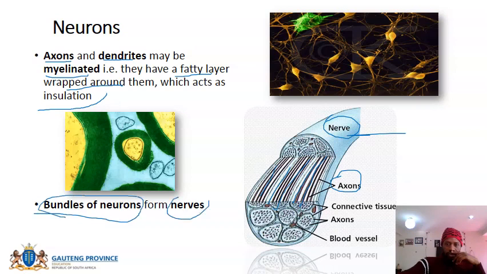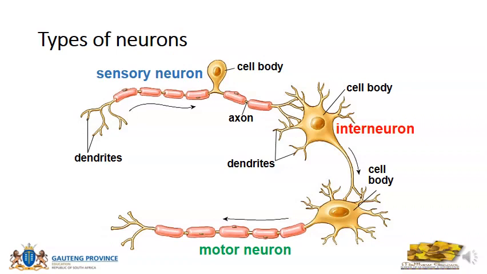There are then three major types of neurons. There are sensory neurons. The first one here is a typical sensory neuron. There are motor neurons, that's the second one. And the interneuron, you'll see it's found in between these other two.